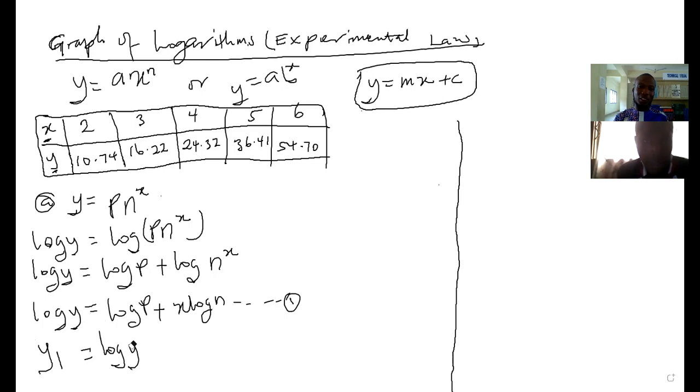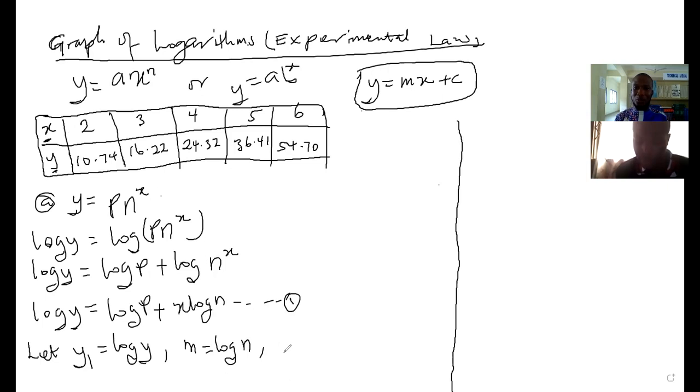We should let it so that it shows that we are replacing it. And then m is equal to log n. X is still x, so you can forget about this x, it will remain there. c is log p.